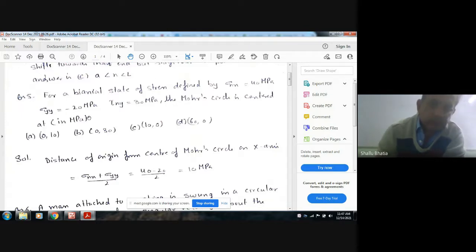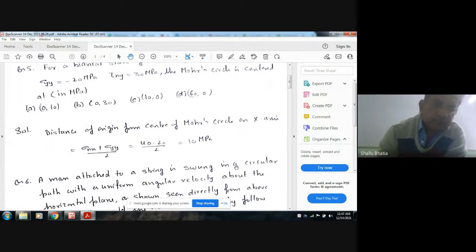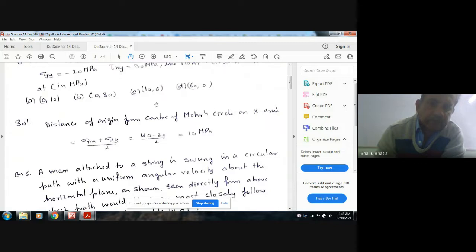So the answer will be 40 minus 20 by 2, that is 10 MPa. So the answer will be C. The center of the Mohr circle will always be on the axis. So the answer is C, x is 10.